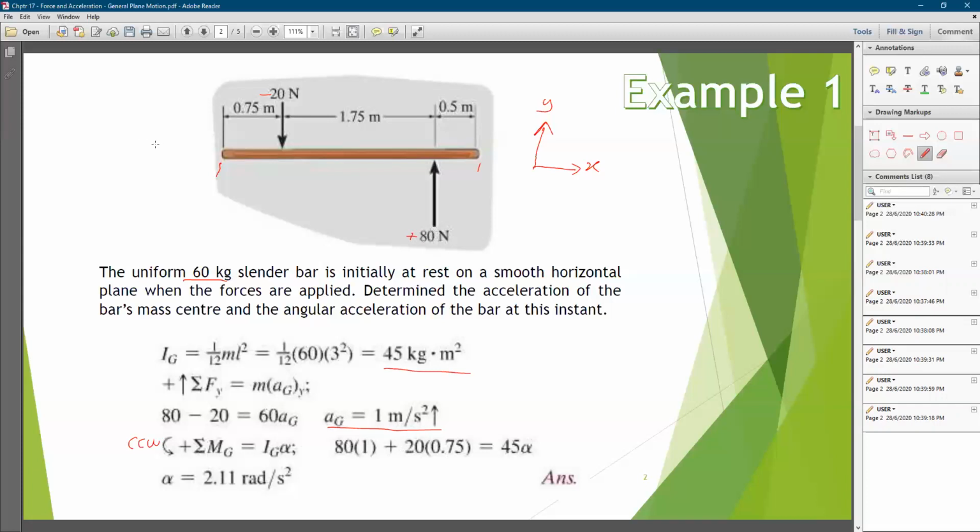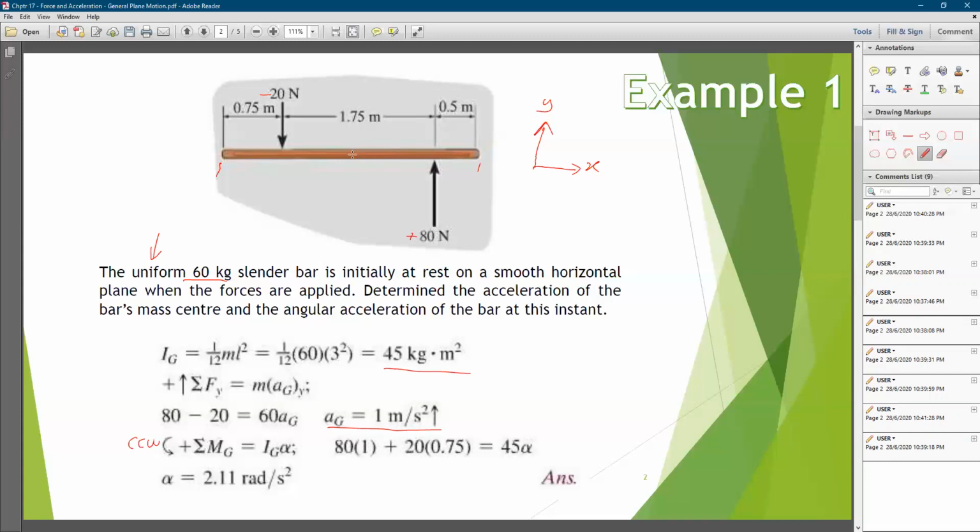Since, if you notice, we have the word uniform, what does it mean? The weight of this particular bar is uniform.